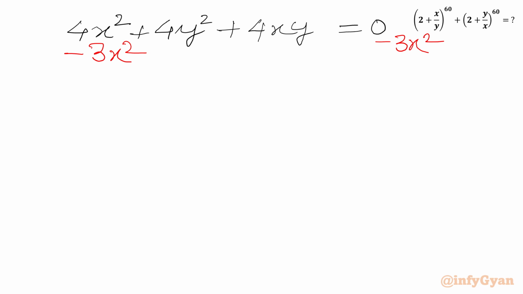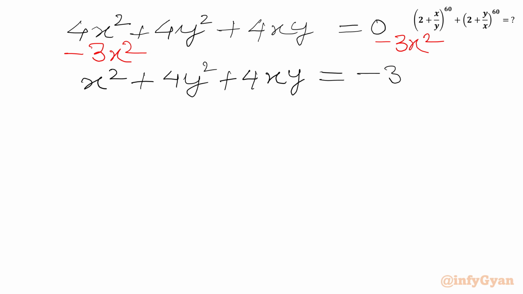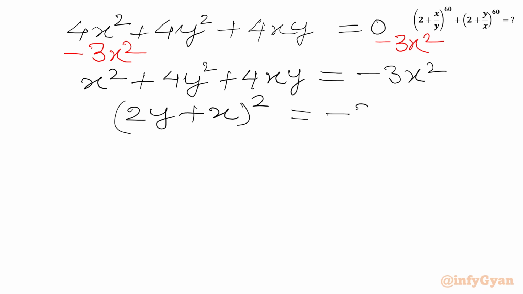So we can write LHS as x^2 + 4y^2 + 4xy equal to minus 3x^2. This time we will write LHS as (2y + x)^2 and RHS minus 3x^2.